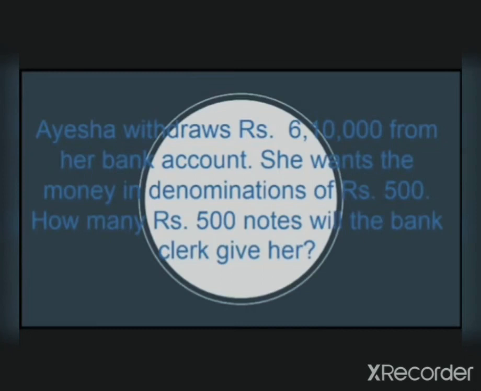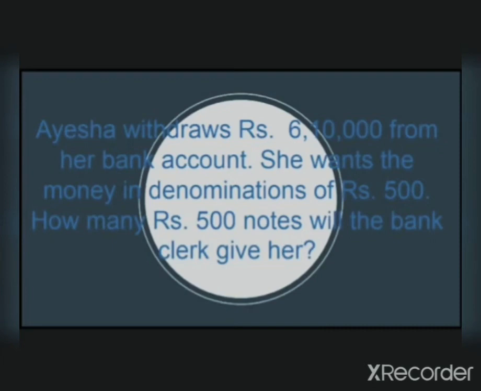She wants the money in denominations of 500 rupees. I mean, she wants this amount in 500 rupees notes. How many 500 rupees notes will the bank clerk give her?